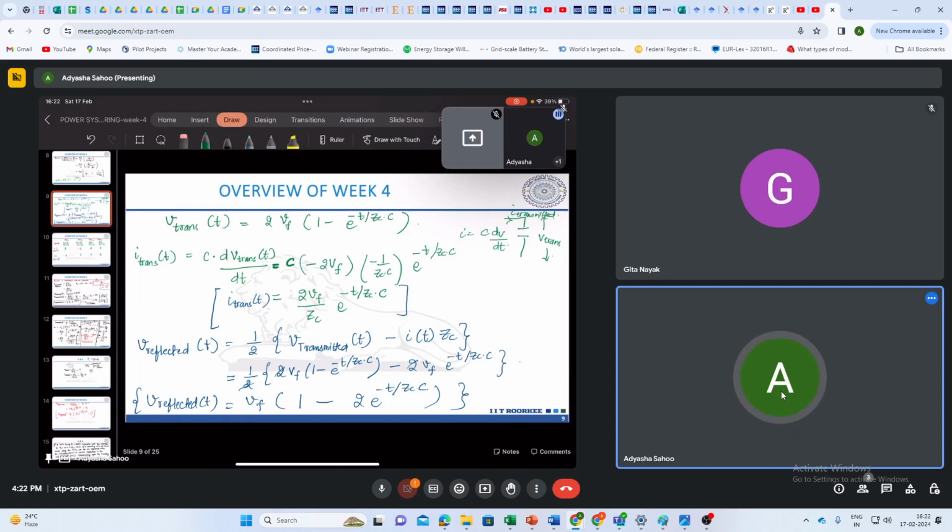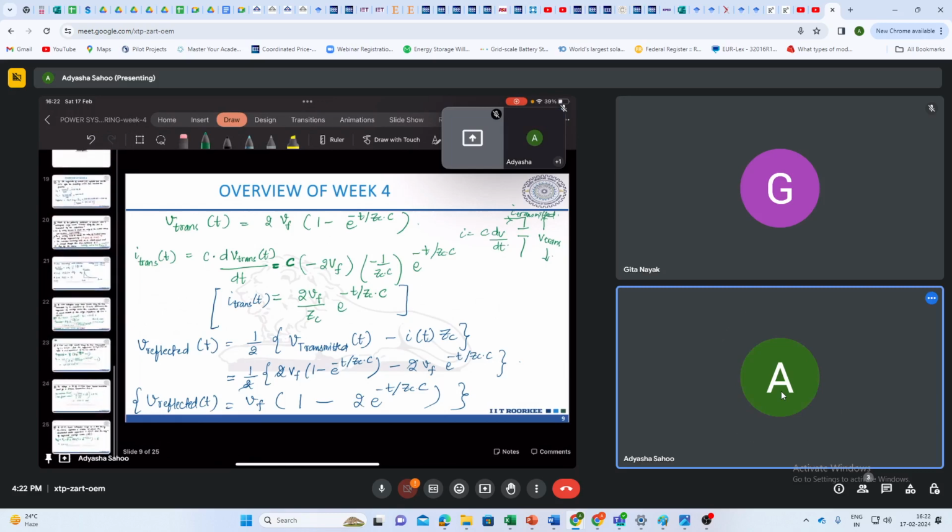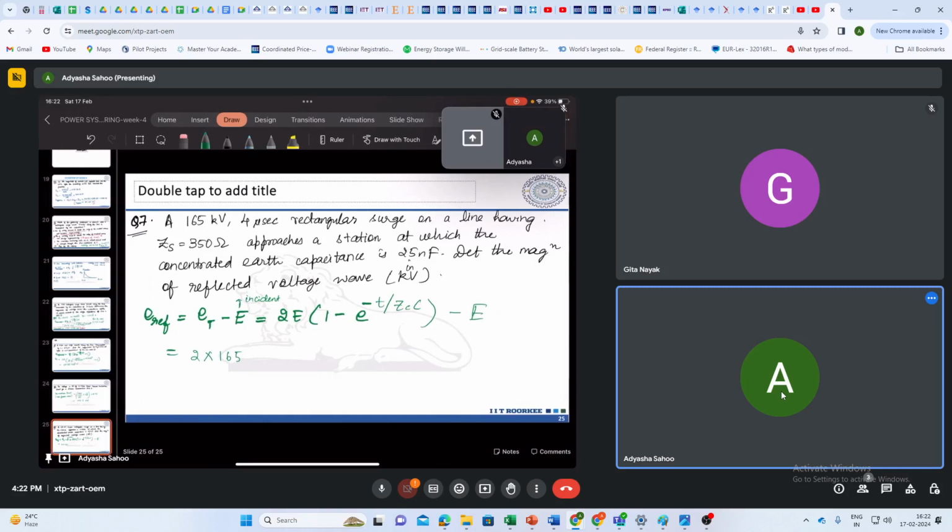If I take that as common, from here, 2 into 165 into 1 minus e to the power minus t by ZC C. ZC is 350 and this is 25 nanofarad.